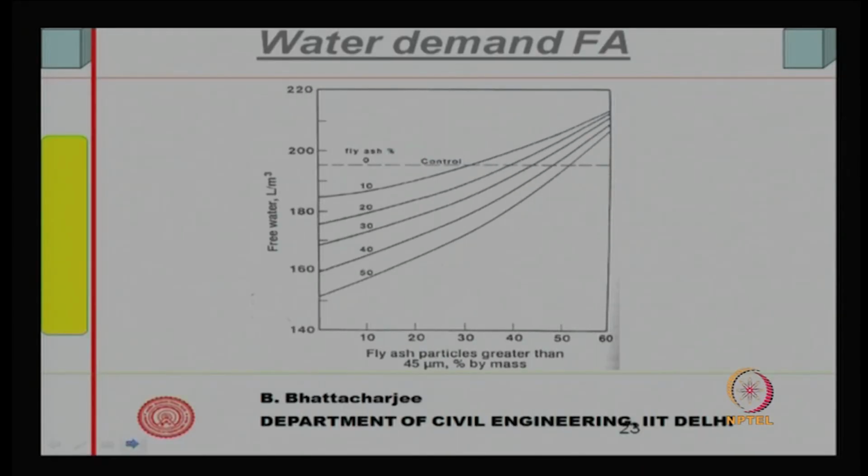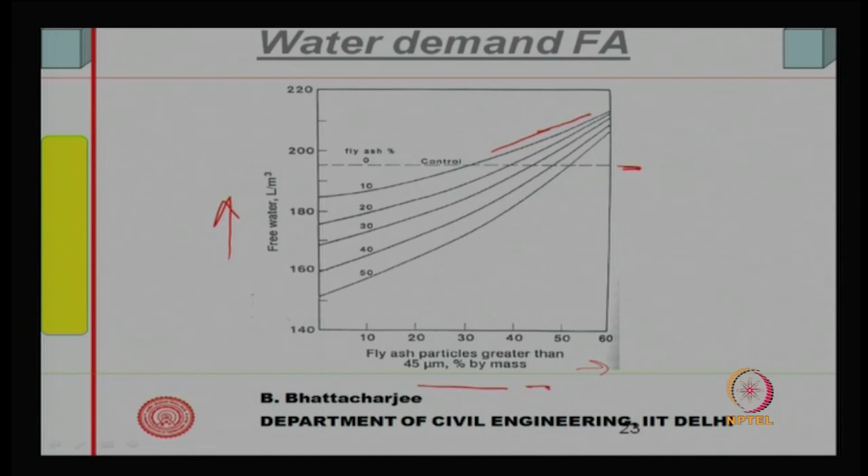Let us see, some diagrams are available. If you look at this diagram, this is 0 fly ash control, and fly ash particles greater than 45 micron by mass. If you increase the particles more than 45 micron, free water required in liters per meter cube of concrete increases.